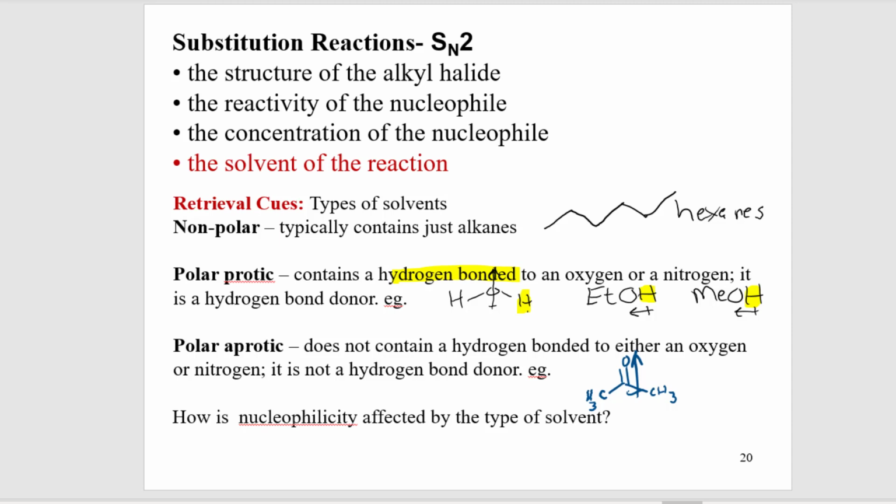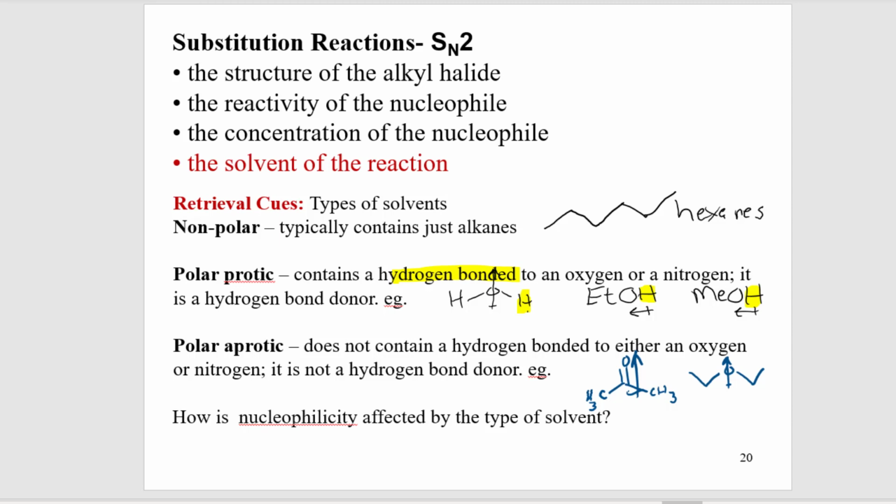Another example might be something like diethyl ether, right? You've got this dipole moment, but it's a polar molecule, but it doesn't have hydrogens on the oxygen, right? So polar aprotic and polar protic, those are the ones that can make or break a reaction.